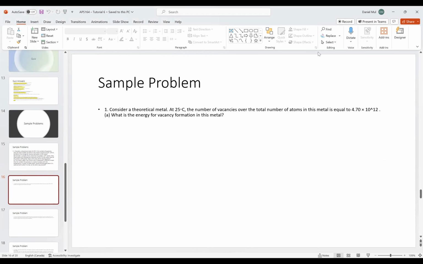We're given a temperature. How about what variable are we trying to solve for here? What equation are we going to use and what variable are we trying to solve for? You can put it in the chat.